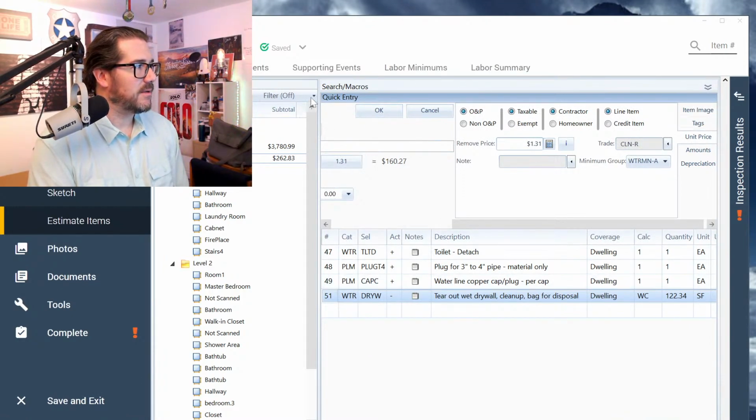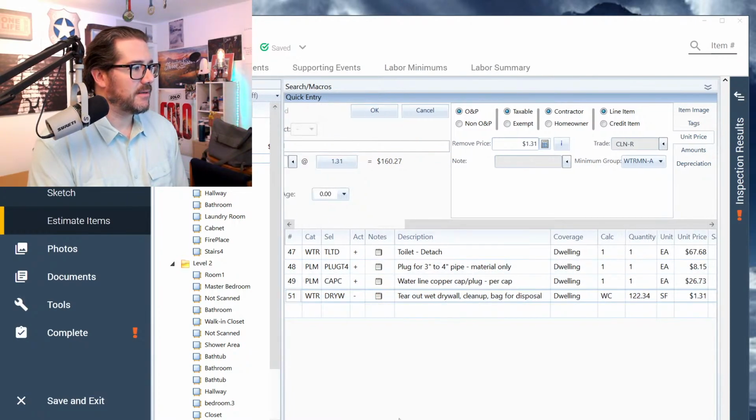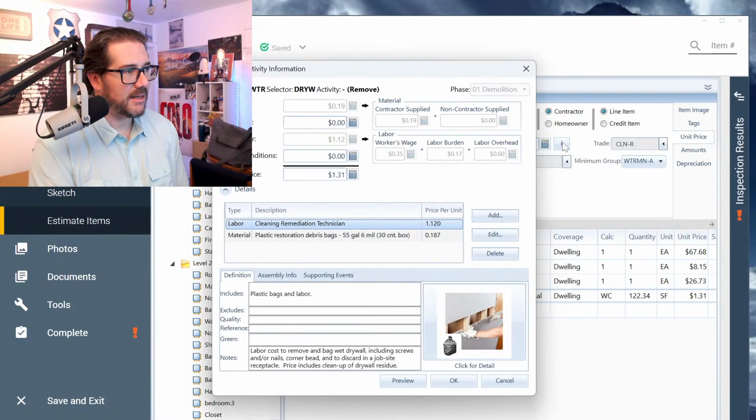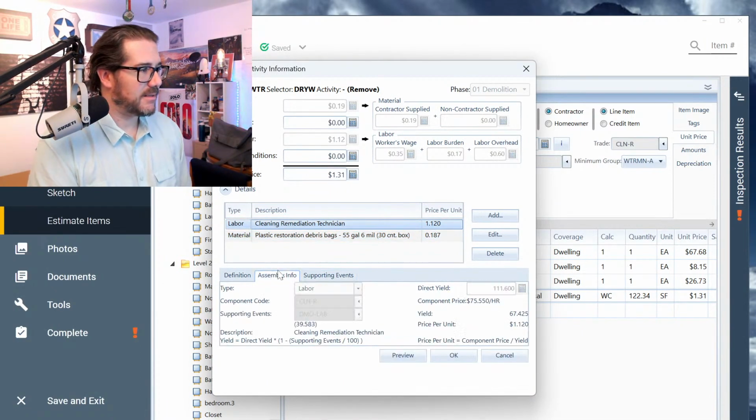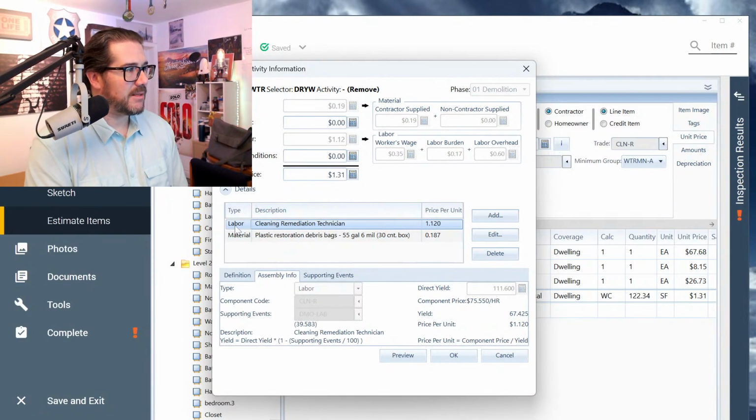Anyway, you type it in, you click on this button, this comes up, and you click on the eye. That's what comes up. And then you click on the material and see what the components, the assembly info, blah, blah, blah. That's purely informational for you. But what I want to talk about today is this labor overhead here.